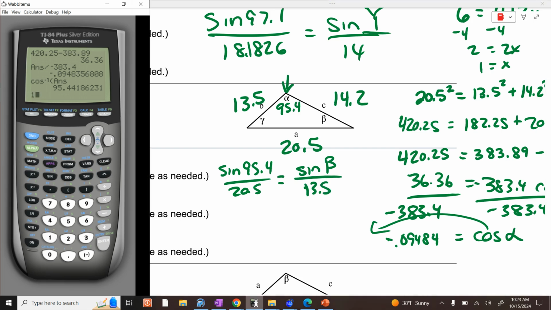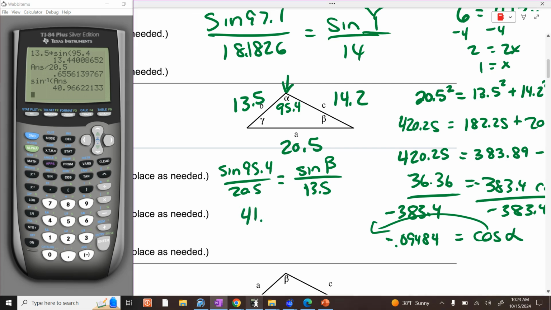So you take 13.5 times the sine of 95.4 divided by 20.5, equals, second sine, second answer. Because if we're looking for the angle, we go second sine, second answer. And it's 40 point, well, it's actually 41.0.